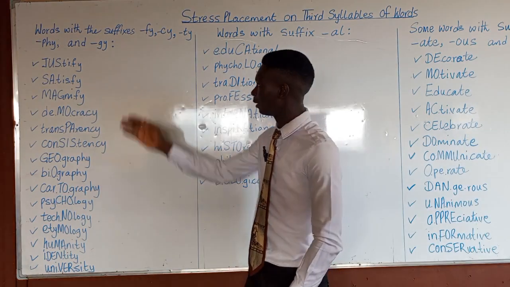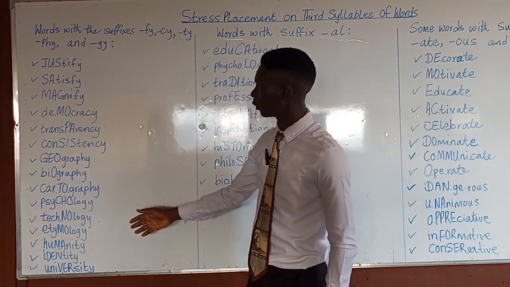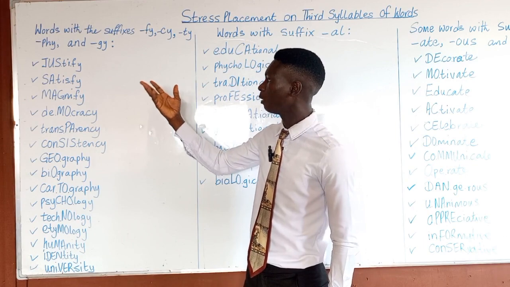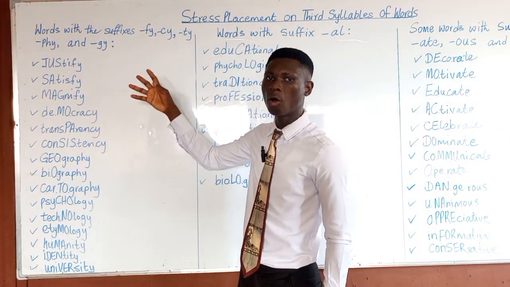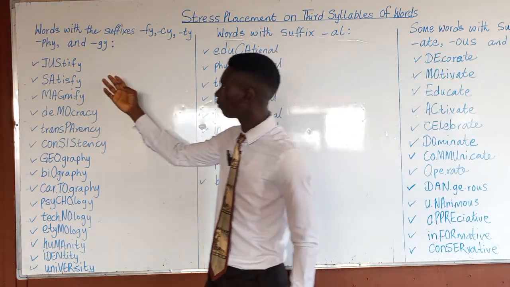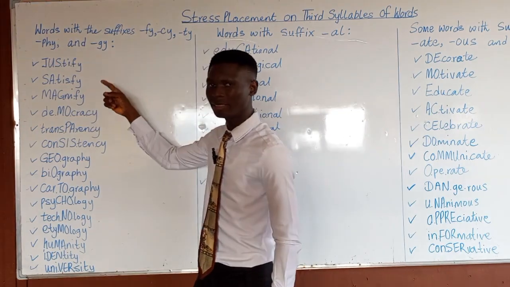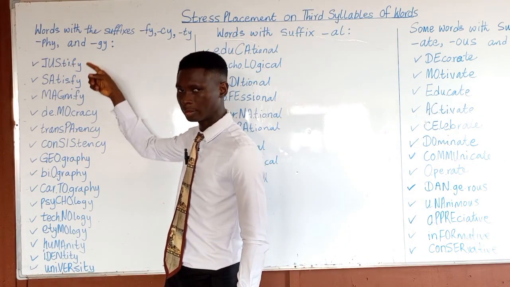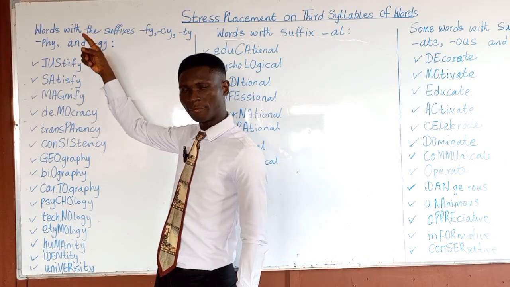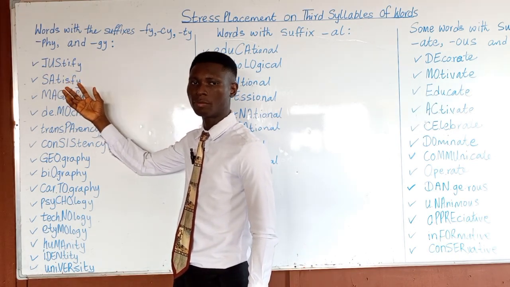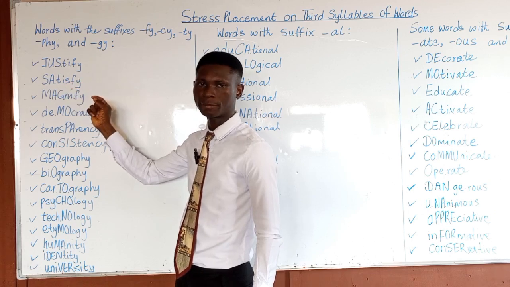All right, so let's consider this group of words and then pay attention to how the words are pronounced based on the stress pattern of the word. The first word we have here is justify. The stress is on the first syllable. That's why you have ta, ta, ta. The first one is strong and the second 2 syllables are weak.